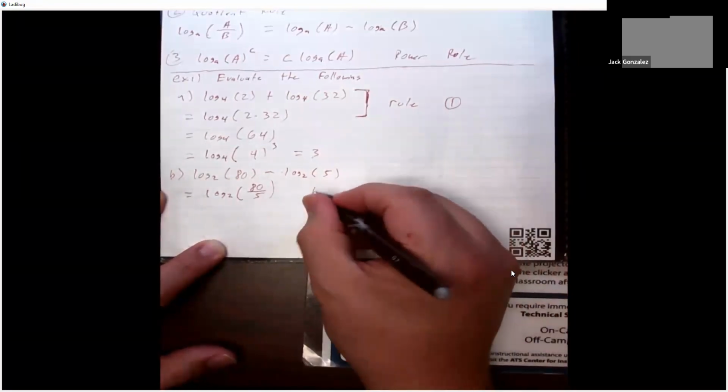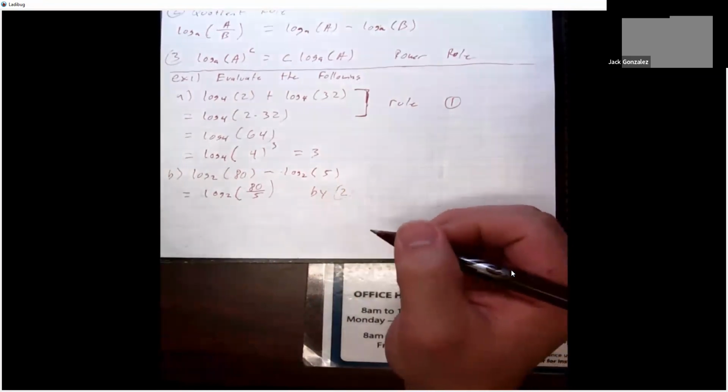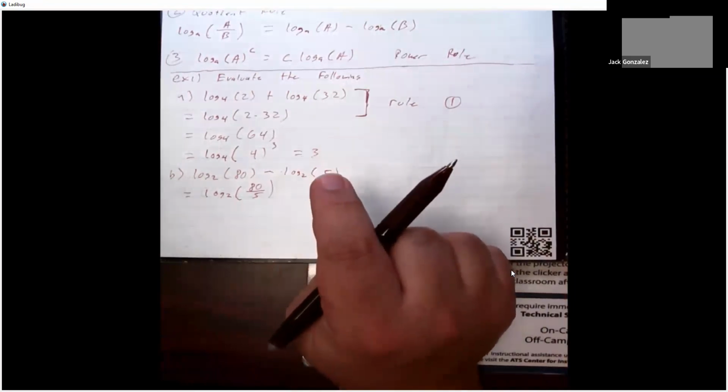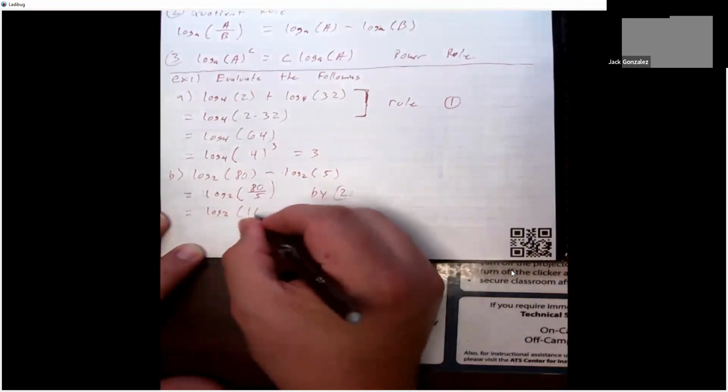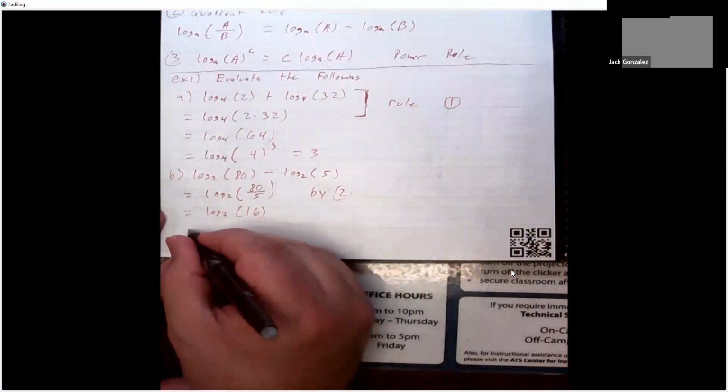16. Oh, so adding your times in is subtraction in the log? Yeah, that's what rule 1 is, the times, rule 2 is the division one. So by rule 2, this happened. And then by your algebra, this turns into 16. Then the question becomes, can you rewrite this as a power of 2?